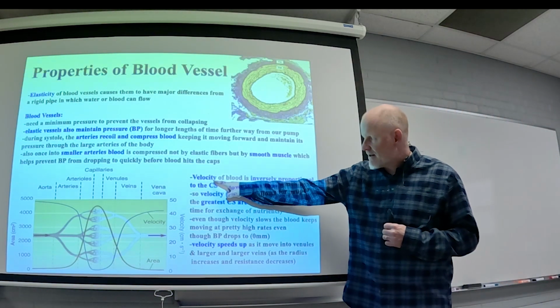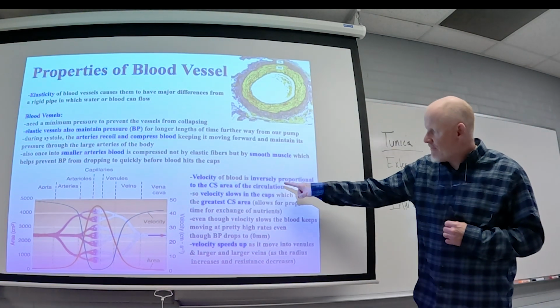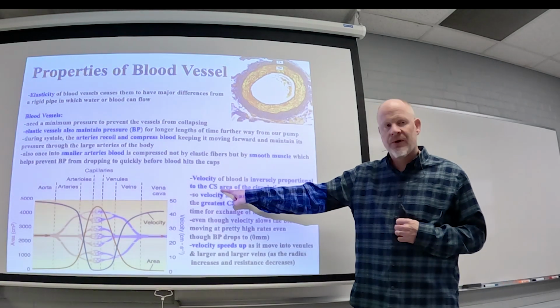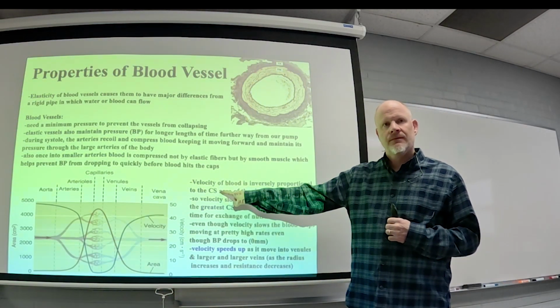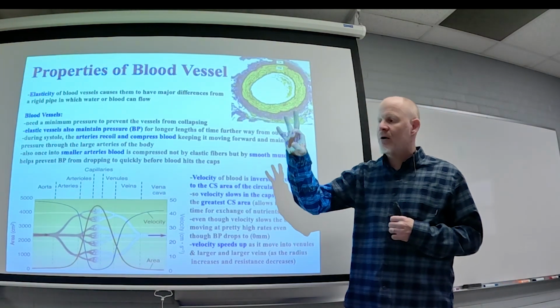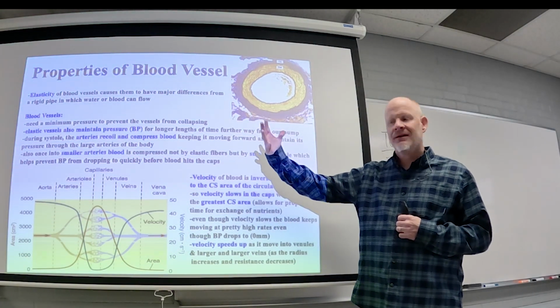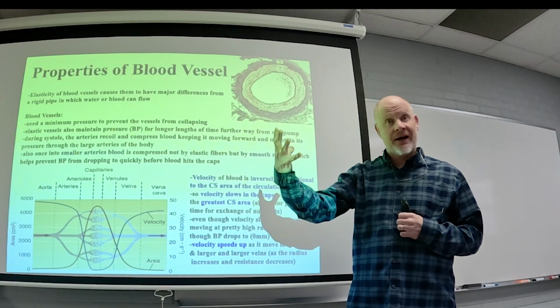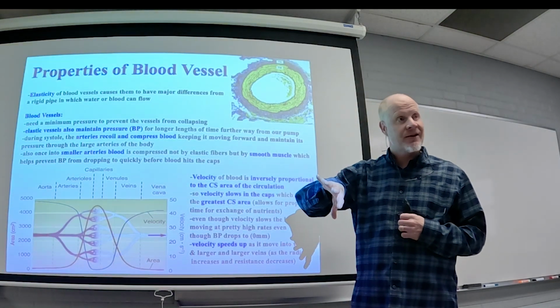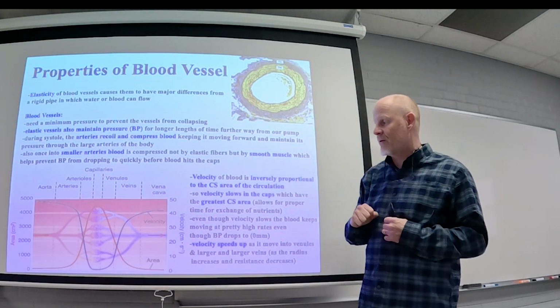Velocity, how fast the flow is, is inversely proportional to cross-sectional area. Small cross-sectional area, or one blood vessel, equals high velocity, right? Large cross-sectional area equals low velocity. They're opposites, right? That's what inversely proportional means.